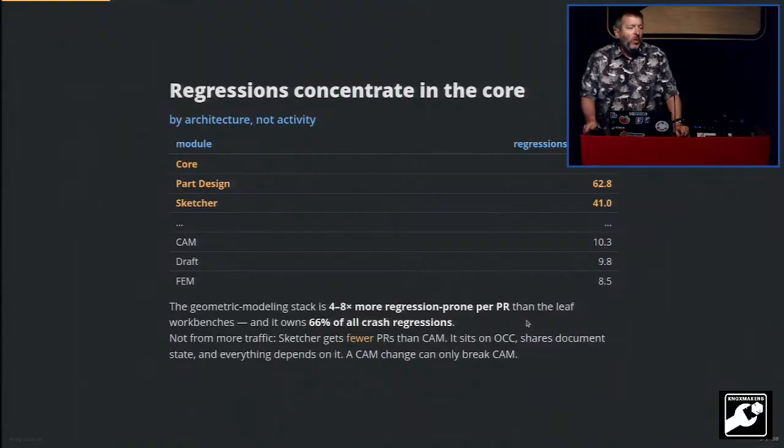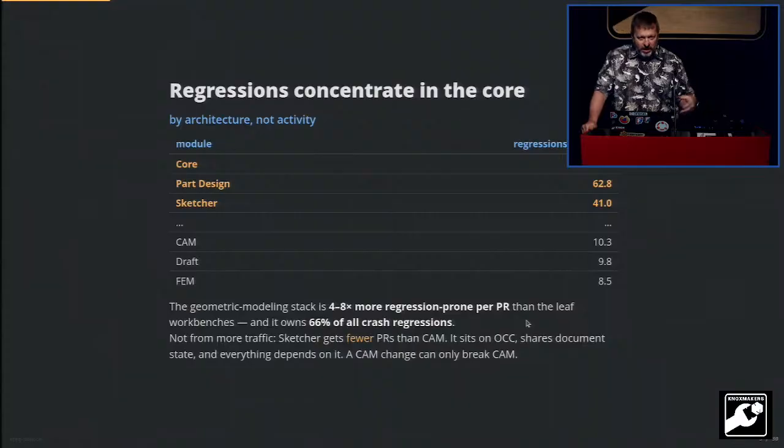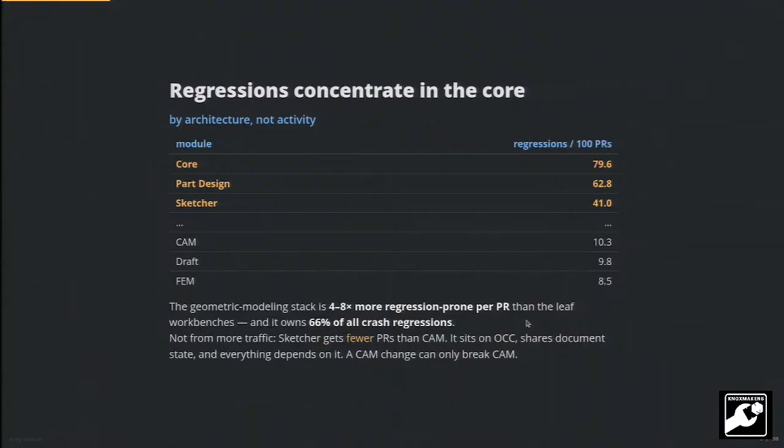Digging into, well, what were they? We can dig down a little bit farther and start qualifying them. The vast majority of those concentrate in the geometric modeling core, not just the core of the application, but really Sketcher, Part Design, and the core application.